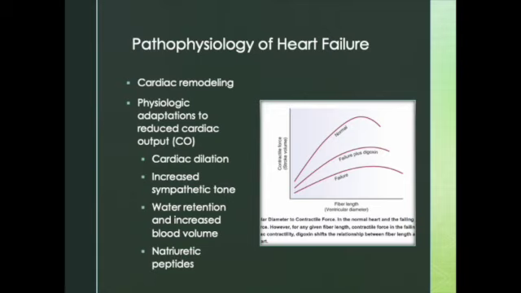Now, if you remember Starling's law, the increase in heart size that occurs in heart failure will help improve cardiac output. As your heart fails, the volume expands, contractile force will increase, causing a corresponding increase in your stroke volume.